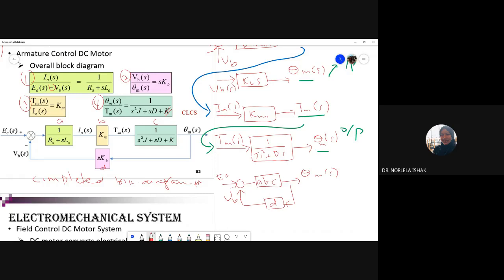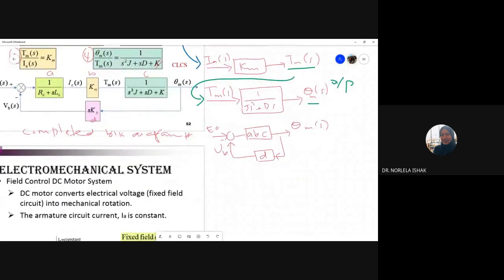We have simplified our cascade connection: you multiply A with B and with C. And from there, we apply the feedback rules to simplify.